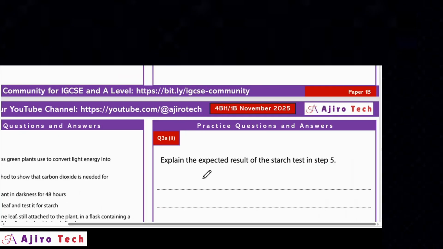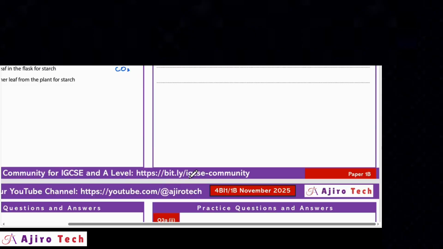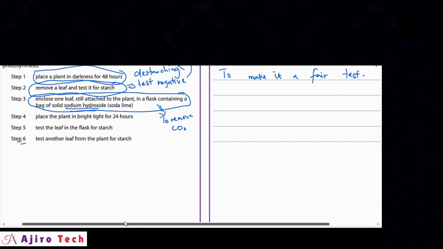Question 3A, Roman 2. Explain the expected result of the starch test, step 5. So what result are we expecting in step 5? Let's go back to step 5 and look at it. Test the leaf in the flask for starch. We are expecting a negative result.